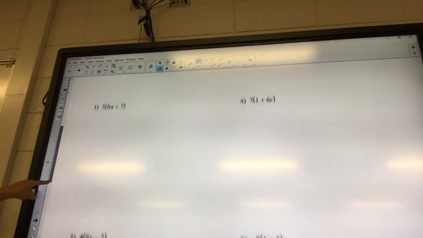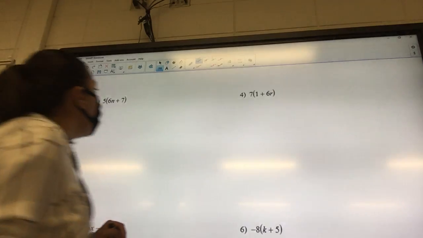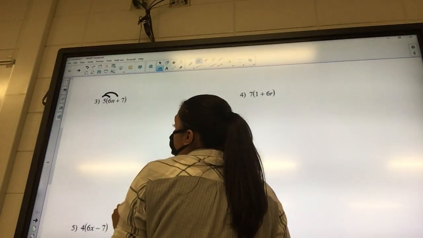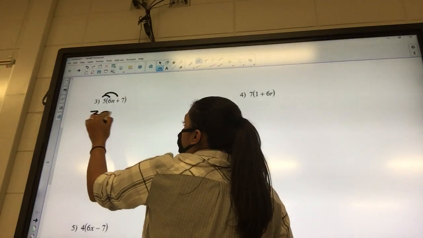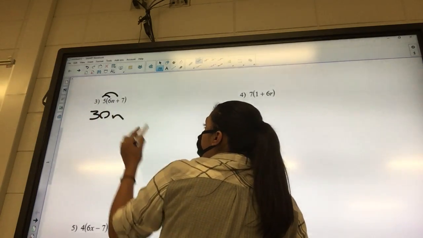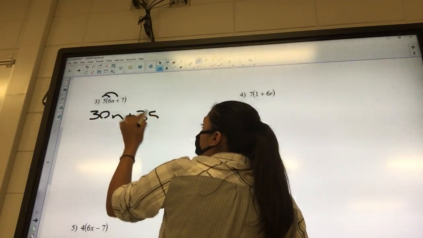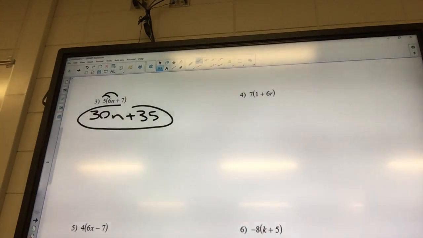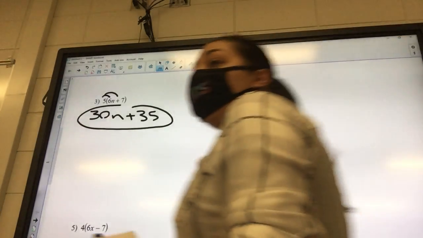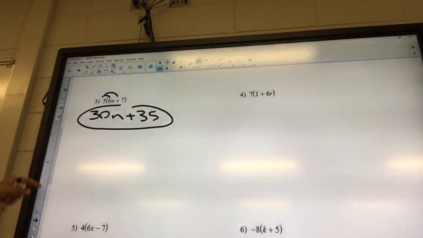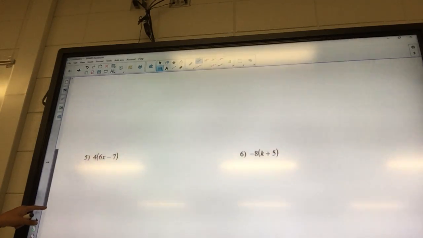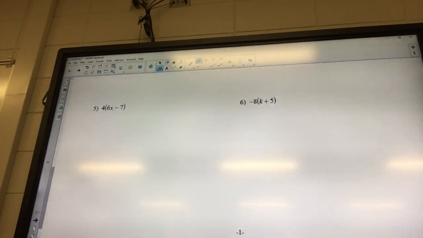Okay, if we scroll down a little bit for number 3, we're going to distribute. So 5 times 6 is 30n, and then 5 times 7 is 35. Okay, we could do 6.